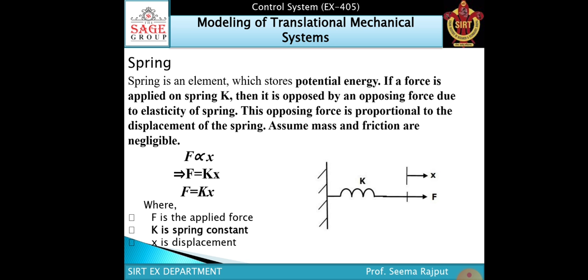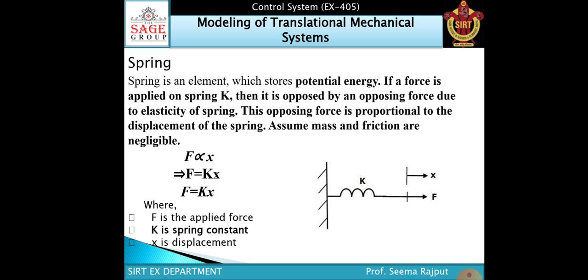This opposing force is proportional to the displacement of the spring. Assume mass and friction are negligible. Okay, so that is proportional to displacement. So F proportional to x and F equal to kx. This k is spring constant, and that is F equal to kx.